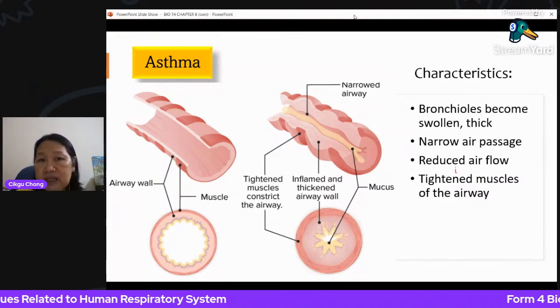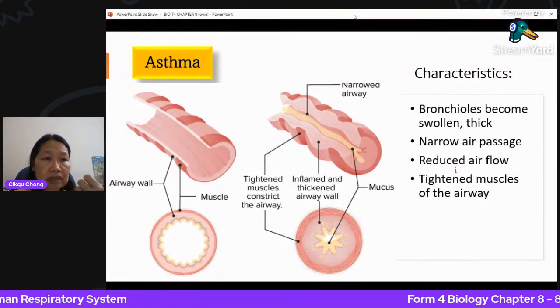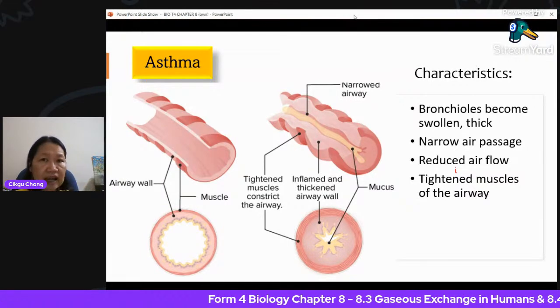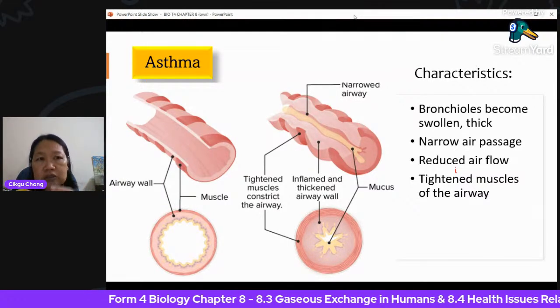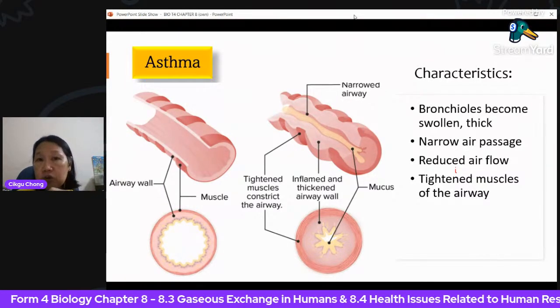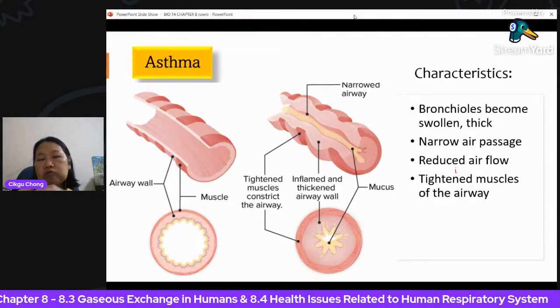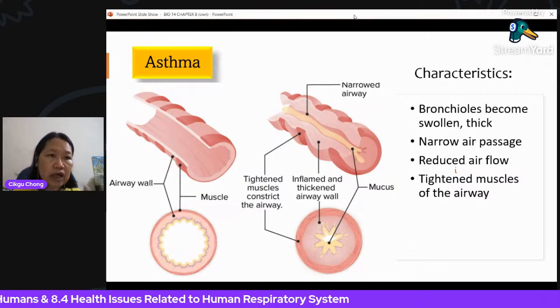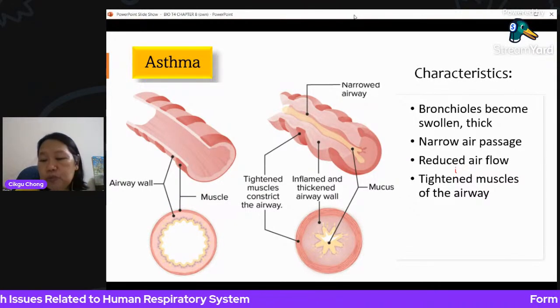People who are asthmatic have to carry medication that you spray and inhale into your lungs, and it opens up the airway. That medication, Ventolin and so on, helps to relax the muscles and open your airways, so the person finds it easier to breathe.